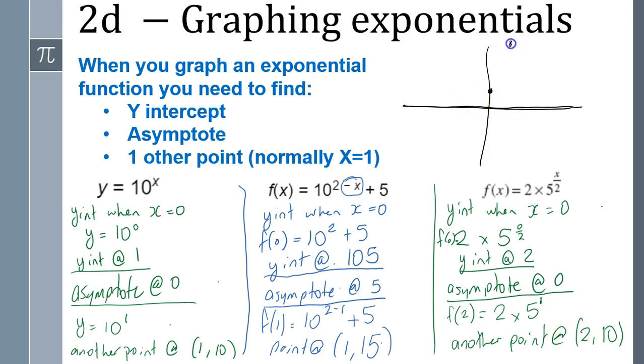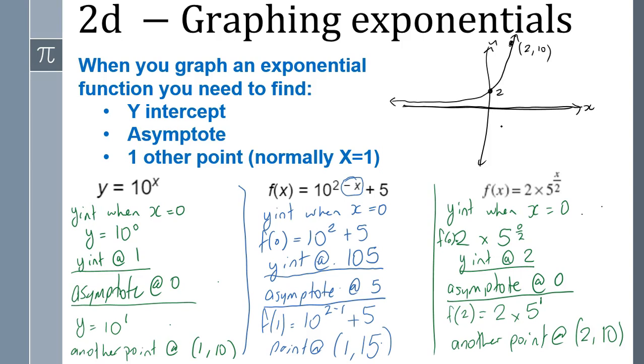So this one's looking more like the standard function because we've got no negative x's in there. So I'm going to run it along near the asymptote and I'm going to go upwards. Labeling points. Okay, and we've sketched the last one.